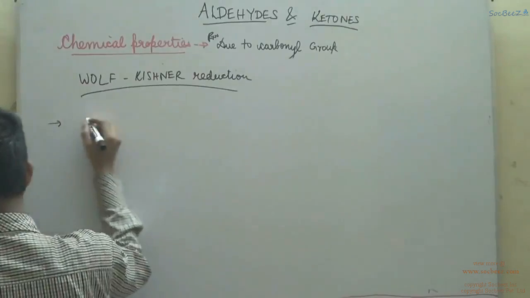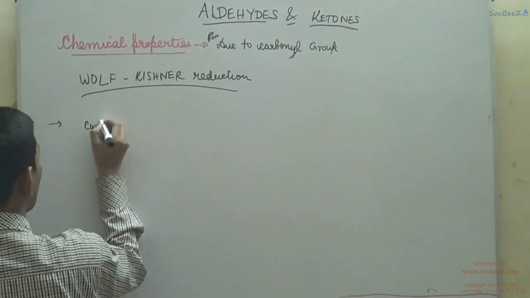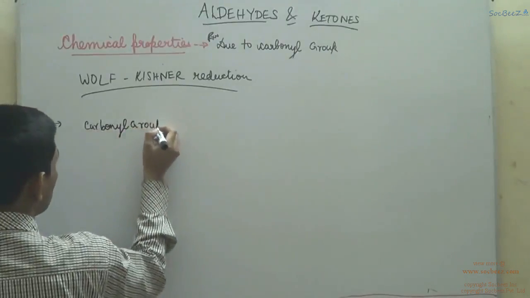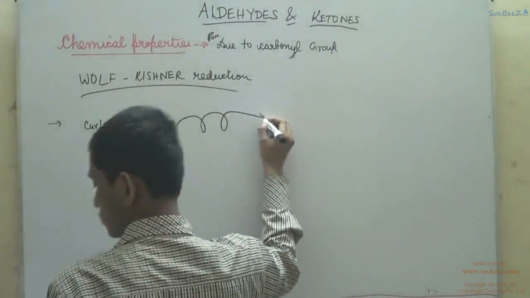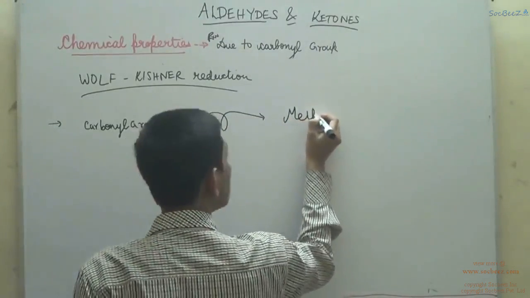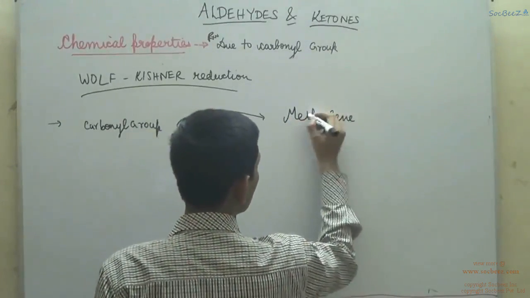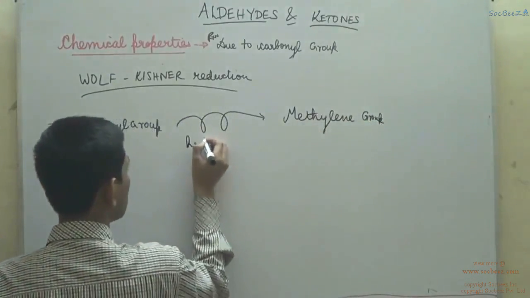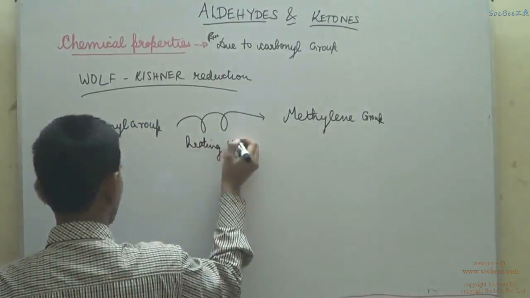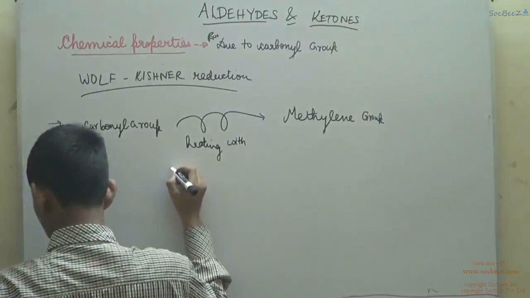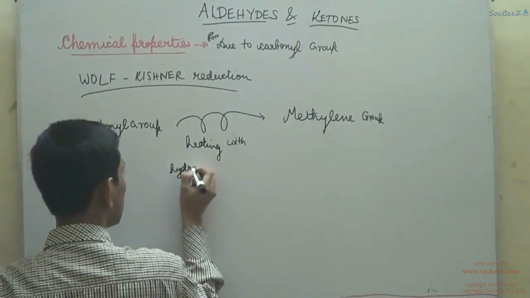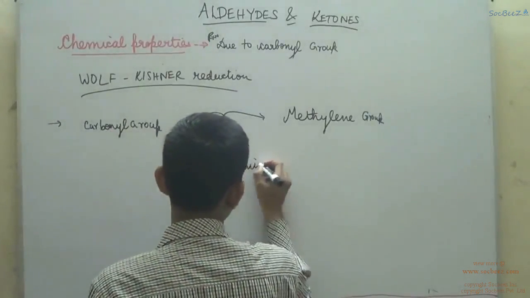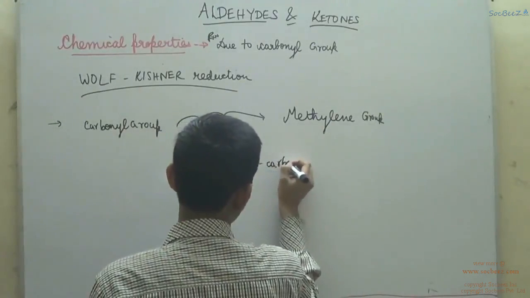So what happens briefly? So you have a carbonyl group. It is converted to methylene group by heating with hydrazone, semicarbazone or azine.